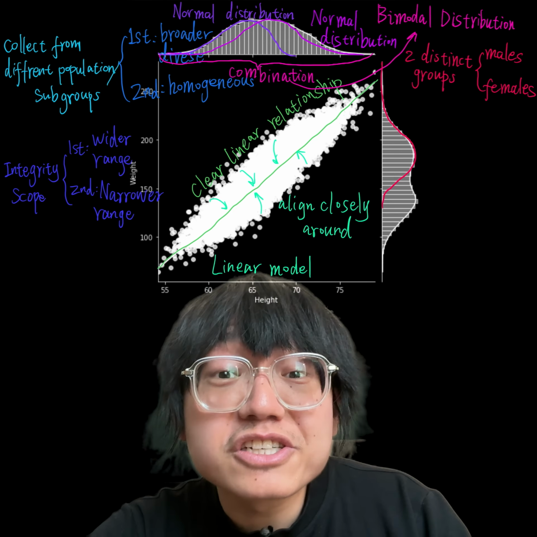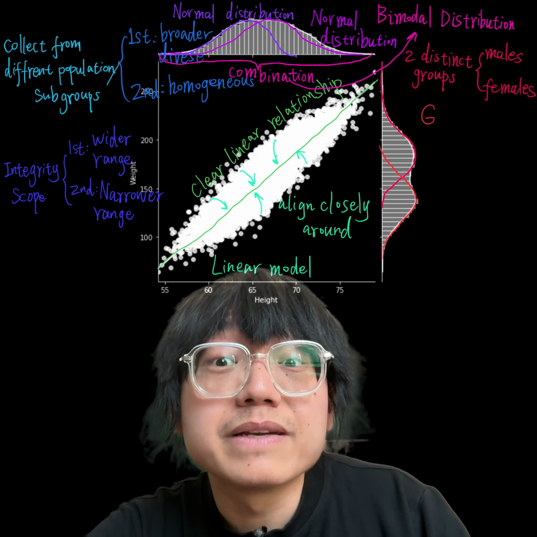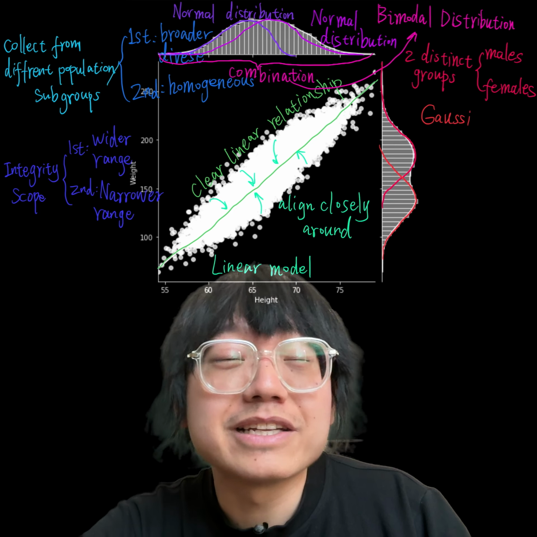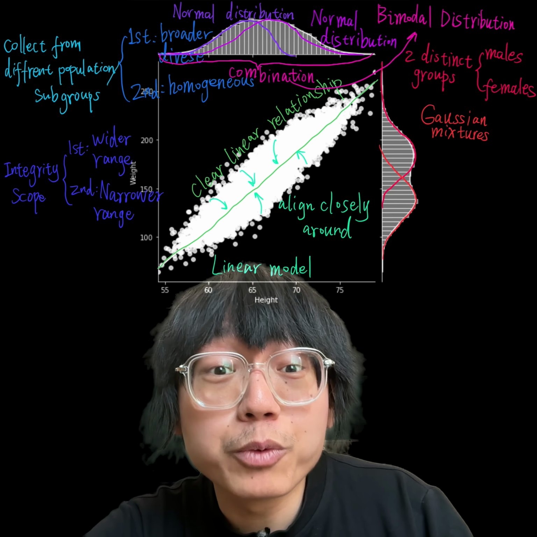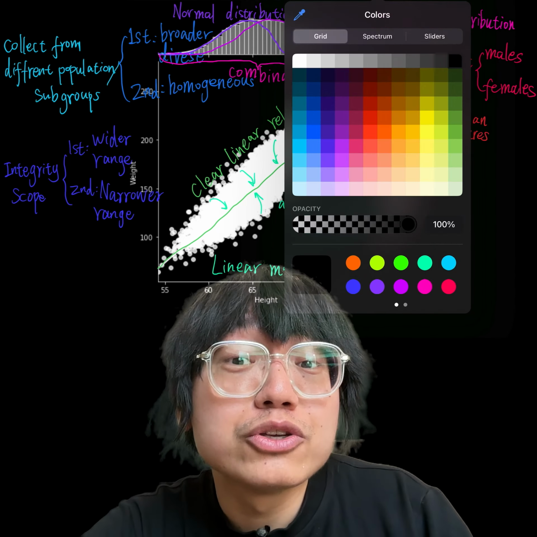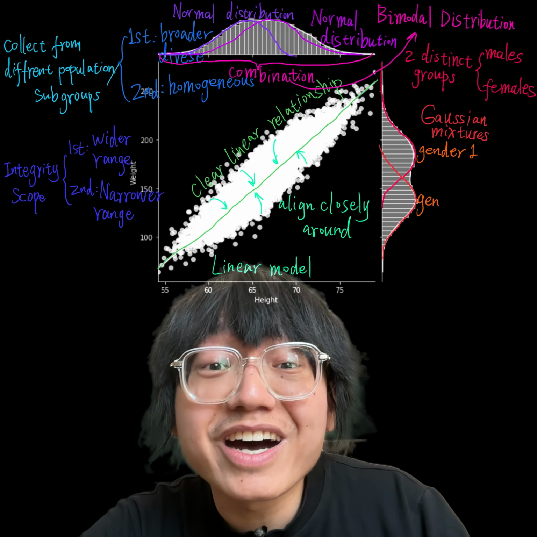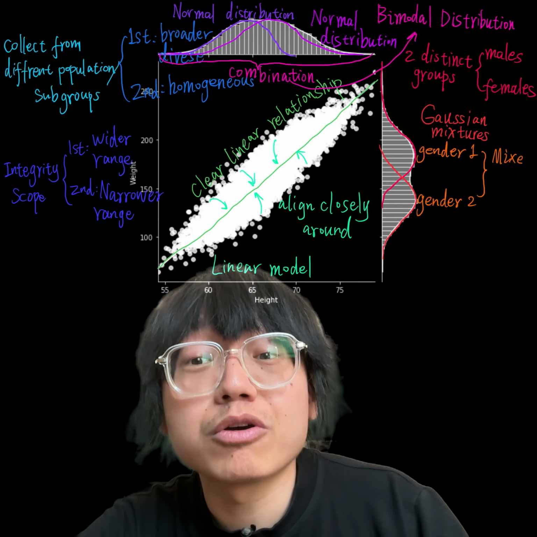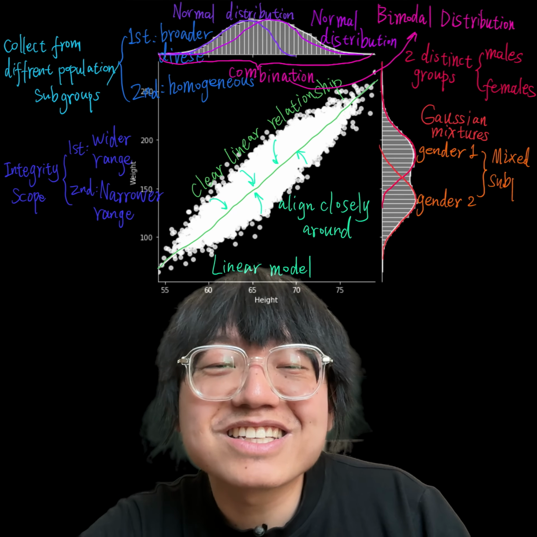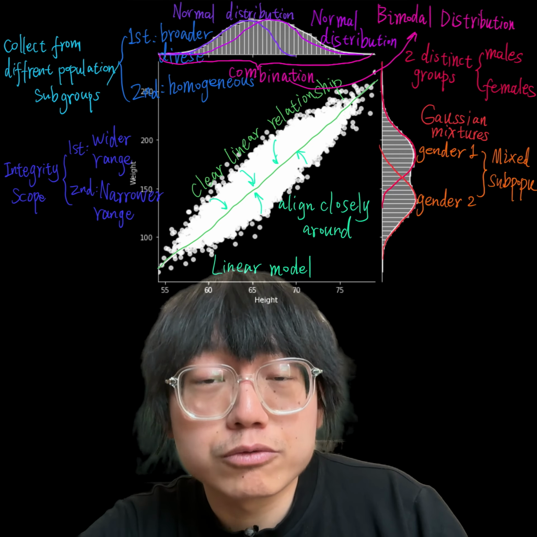The Gaussian mixture suggests that each dataset might include mixed subpopulations like genders, each following its own normal distribution for height and weight. So a mixture of two normal distributions means that the overall distribution of height or weight is the combination of two different normal distributions, which likely correspond to different biological or demographic groups.